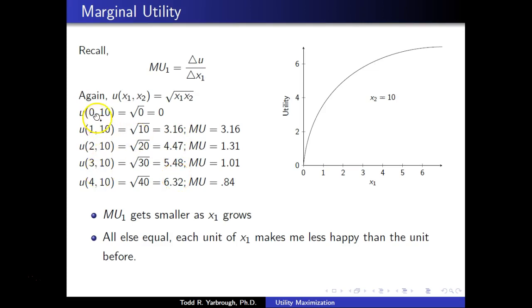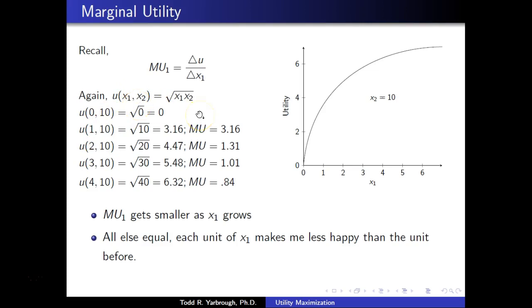I see that as I increase my consumption of X1, as I would expect, my utility is rising. And notice that this allows us now to actually get at marginal utility of X1 given a particular level of X2, which is in and of itself a fairly interesting conversation to have, especially if X1 and X2 are related to each other. If X1 and X2 are completely separate, like for example, if X1 is blue jeans and X2 is computer monitors, then they have nothing to do with each other necessarily, and so therefore their relation in terms of utility is going to have nothing to do with each other.